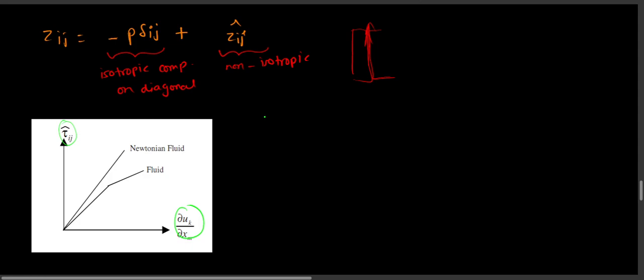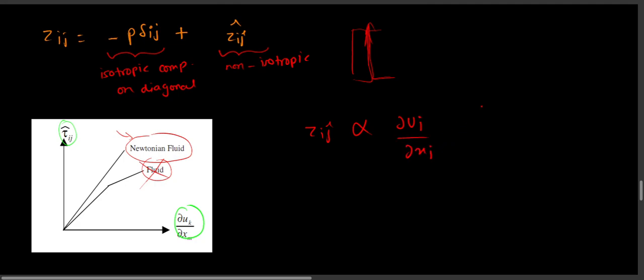So we saw that the shear stress or the dynamic stresses are proportional to the rate of strain for Newtonian fluids, and for some other kinds of fluids that's not the case, but we don't need to focus on those now. We'll just focus on Newtonian fluids, right? So we got that tau ij is proportional to del u_i by del x_j, and so on.